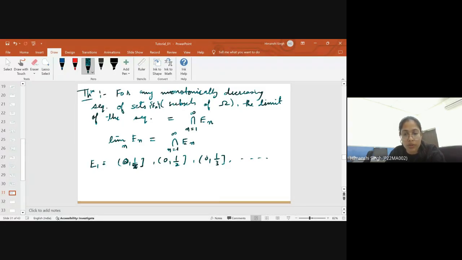So 0 is not in any of the sets. However, the elements on the right hand side are there in the sets. If I consider En to be 0 comma 1 by n, we know that when n tends to infinity, this 1 by n goes towards 0. So the sequence of the Ens goes towards their intersection.